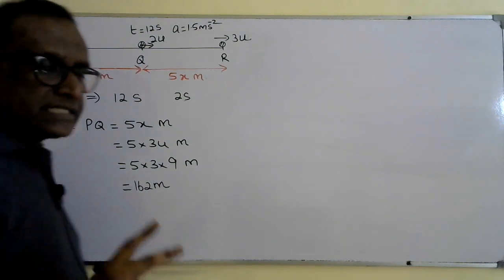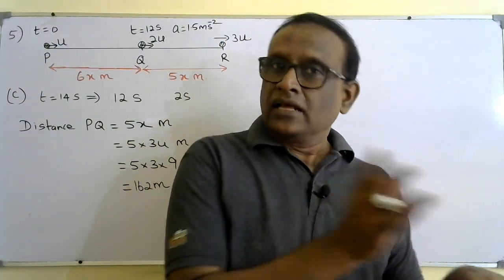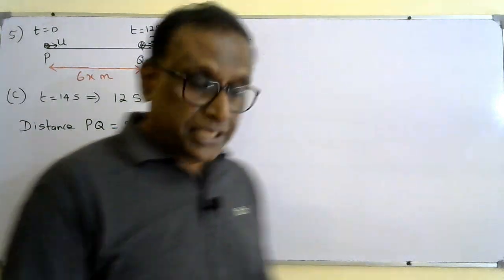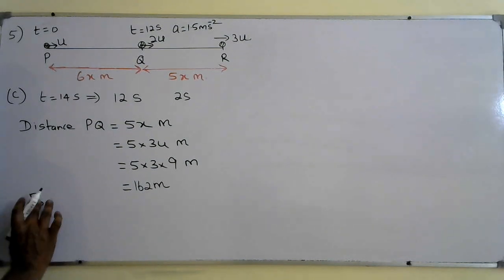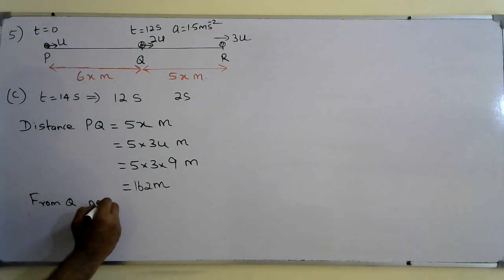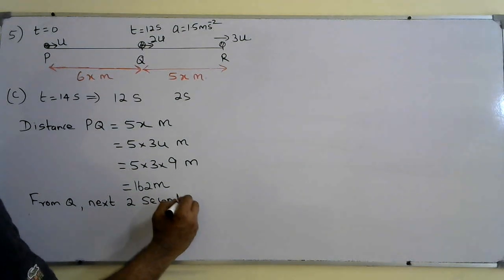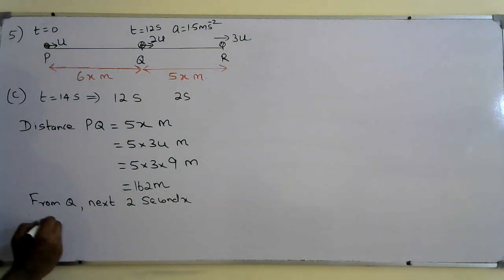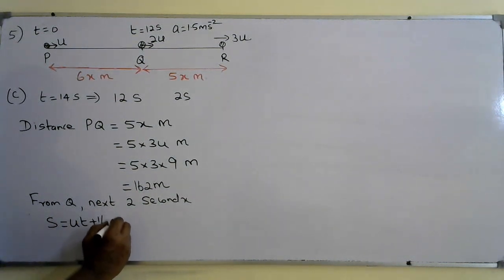Okay, now 2 seconds remaining. That makes 14 seconds. 2 seconds remaining after passing Q. So from Q, for the next 2 seconds, if I say the distance traveled is d, I am going to use the equation s equals ut plus half at squared.